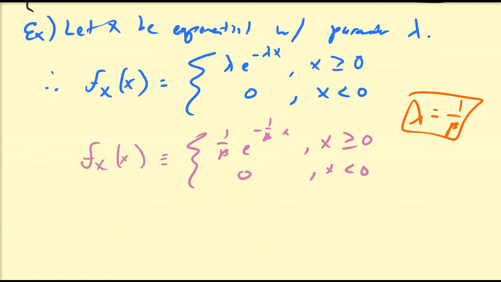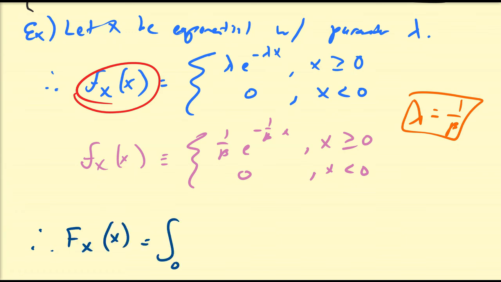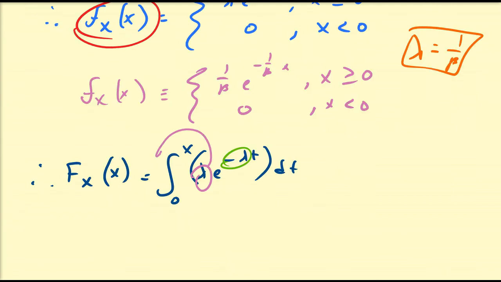Right. So I'm going to be working with this one since I don't want to deal with fractions. So capital F of x is going to be equal to the integral from the minimum of our support, which is going to be 0, up to x of lambda e to the minus lambda t dt. Alright, so lambda is a constant, so I can factor it out, and then I can divide by negative lambda by the fundamental theorem of calculus. So I have lambda times minus 1 over lambda times e to the minus lambda t, evaluated as t goes to x and as t goes to 0.